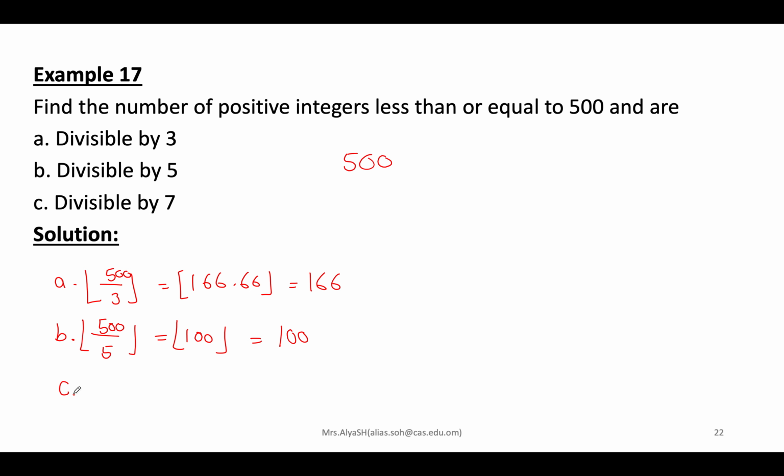C. In the 500 numbers, if we divide by 7, we got 71.42 numbers considered as divisible by 7. And if we take the part before the point, then we got that there are 71 numbers.